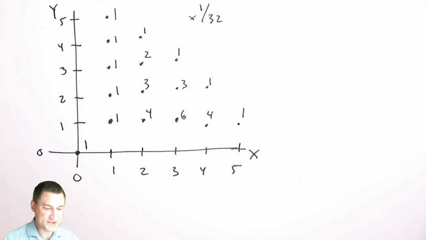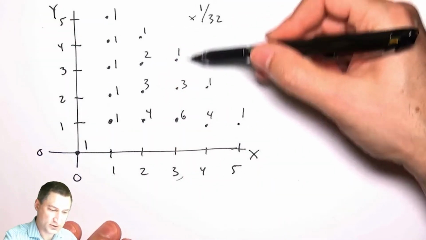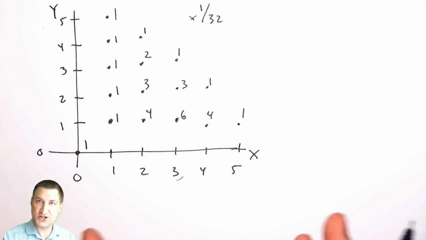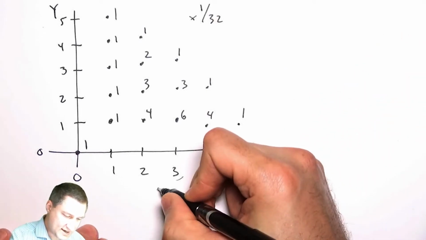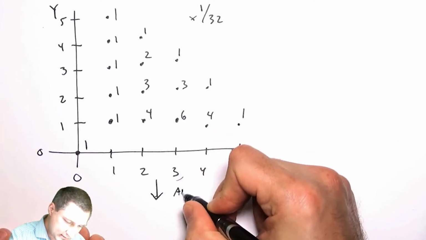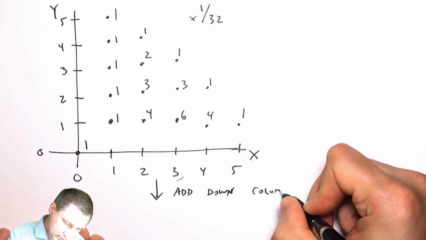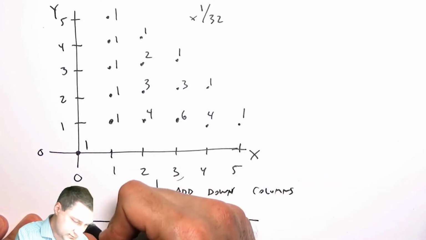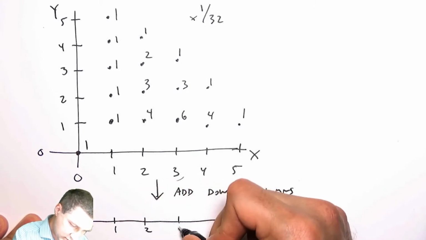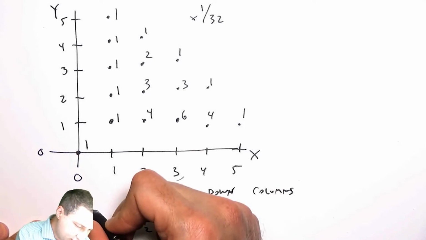And now the marginal is saying, suppose I want to know just the probability that X equals 3. What would I do? I would add up all of the values along the columns to get just what's going on in X. So I'm going to add down the columns to produce just the PMF for X. So I would get 1.